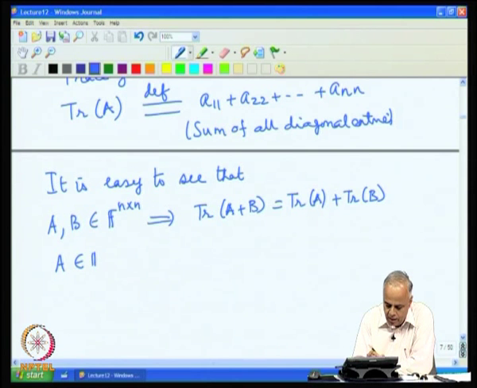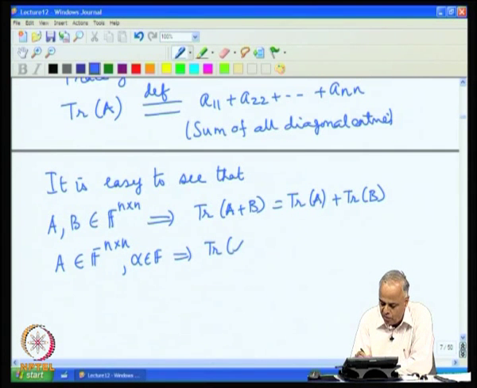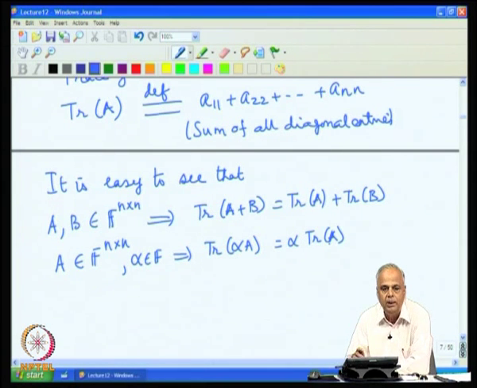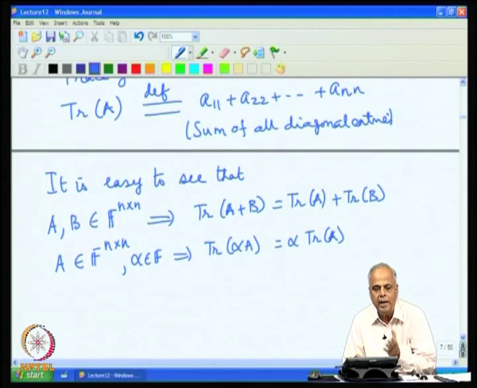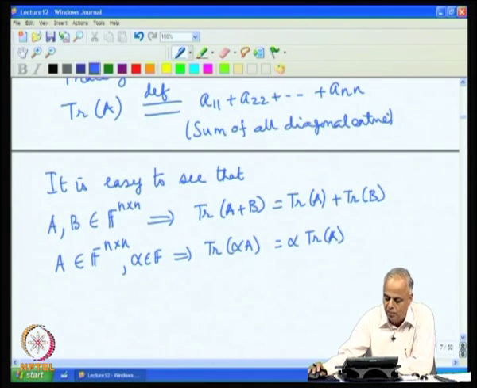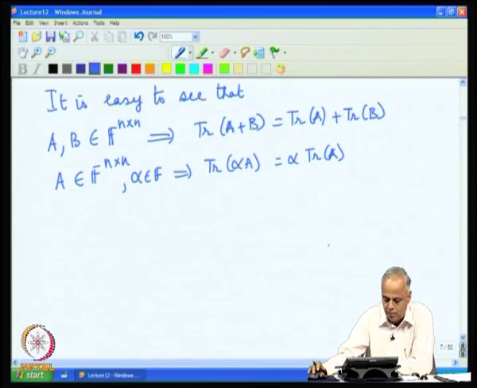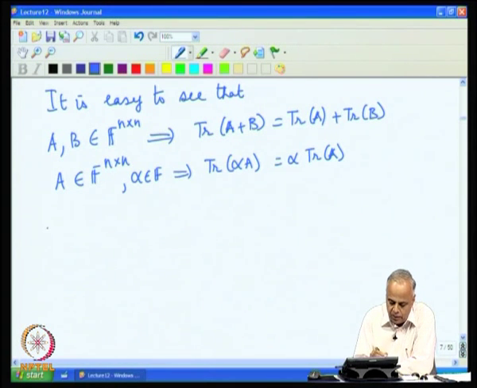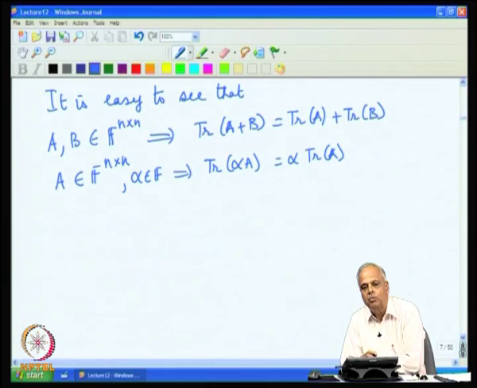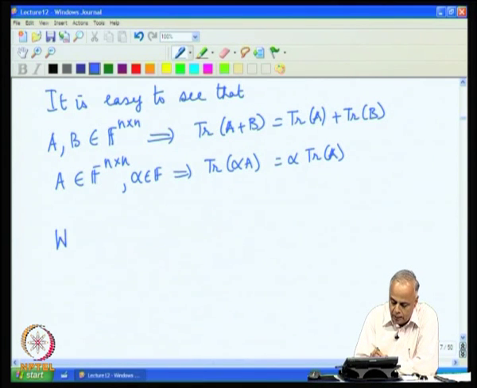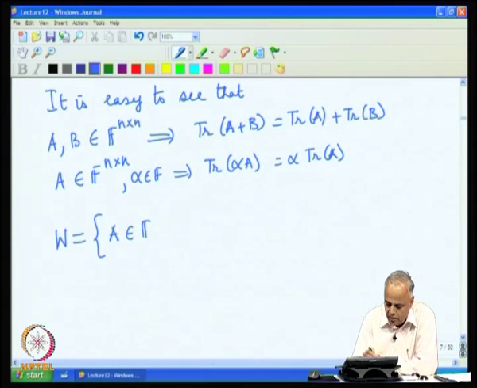Similarly, if A is an n by n matrix and alpha is any scalar, then the trace of alpha A is just alpha times the trace of A, because when you multiply a matrix by a scalar, the diagonal entries all get multiplied by alpha, and therefore, the trace gets multiplied by alpha. So, now we have this vector space of n by n matrices over F, and we now look at all those matrices which are n by n for which the trace is 0.